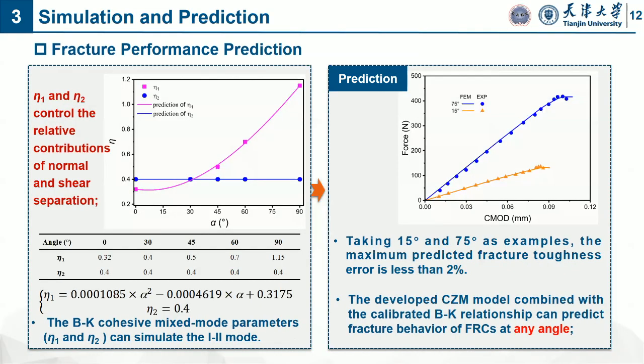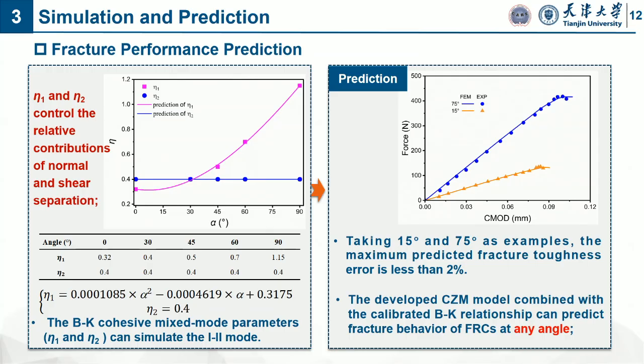And for fracture performance prediction, we find the material constants eta 1 and eta 2 in the model. The eta 2 for mode 2 is almost constant, but eta 1 depends on the angle, so it's a curve. We fit eta 1 with the angle to get the equation.